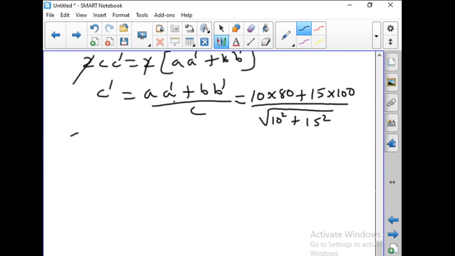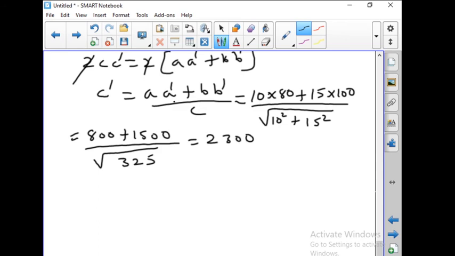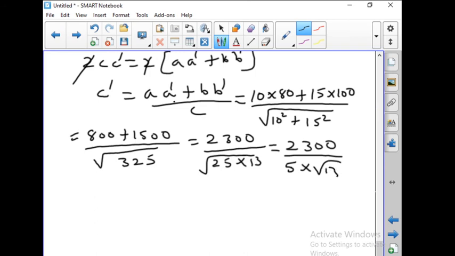So it is equal to 800 plus 1500 by root of 325, 100 plus 225, so 325. It is equal to 2300 by root 325, which can be written as 25 into 13, so 2300 by root 25 is 5 into root 13.